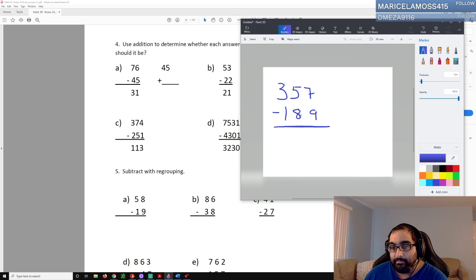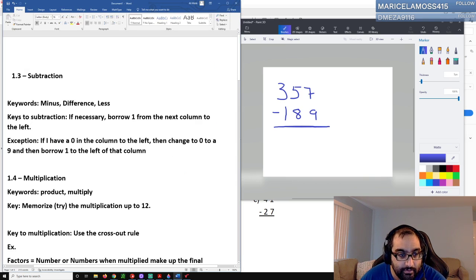Okay, so we see here that the number on the top in this column is less than the number here on the bottom. So 7 is less than 9. So we can't really subtract 7 and 9 together. Instead, the key here is to basically borrow 10 from the next column over.